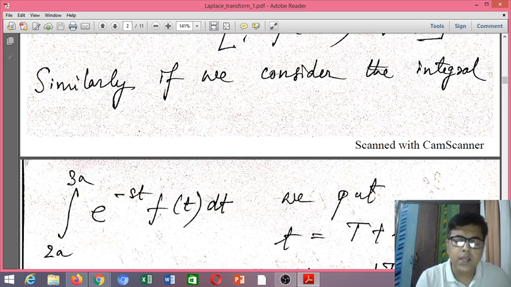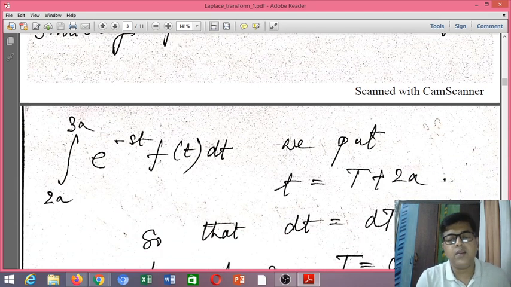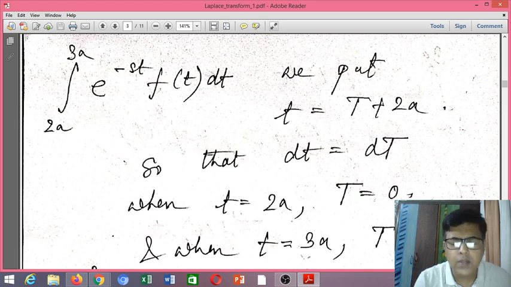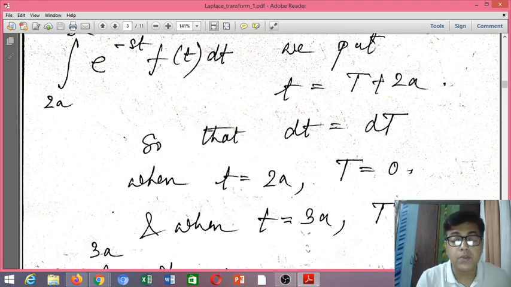In place of small t, I'll put capital T plus 2a, because if I put capital T plus 2a, I can change the limits to 0 to a. That's the simple logic of why we are putting capital T plus 2a. On putting that, I see that d small t is equal to d capital T, and the limits become 0 to a.